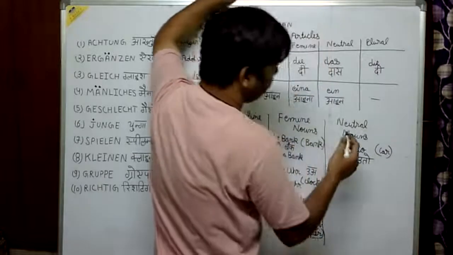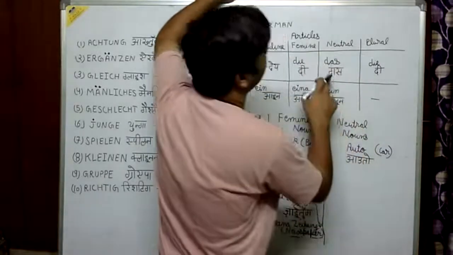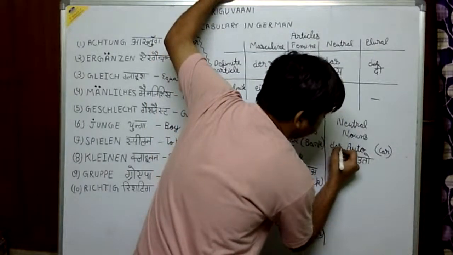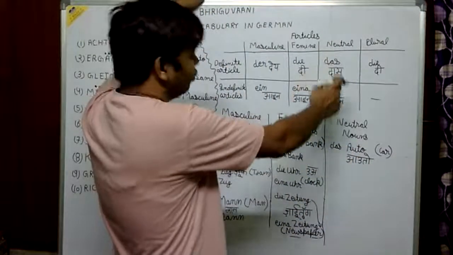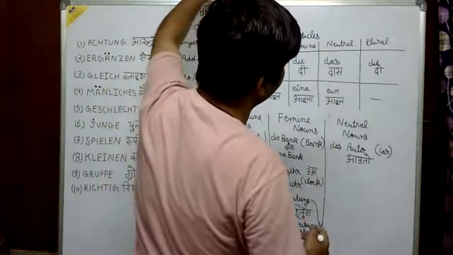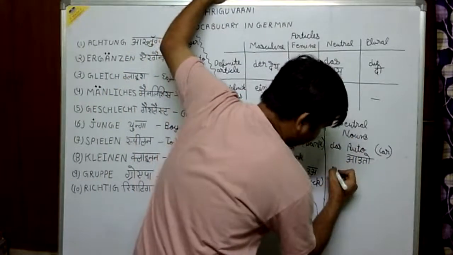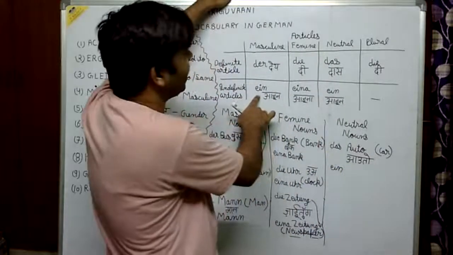And for neuter nouns, what do we say? Das Auto. For neuter definite, we say das Auto. And if it is indefinite, we say ein, as we use in the case of masculine.